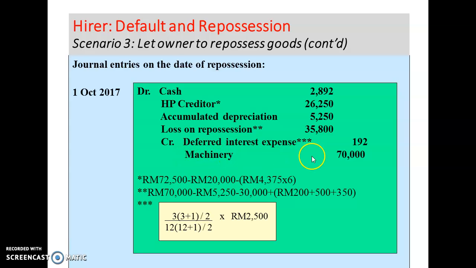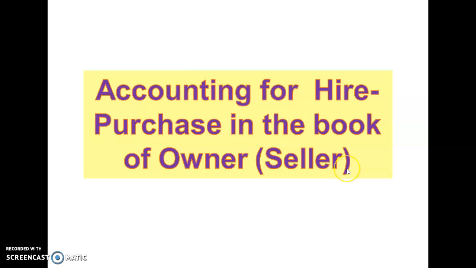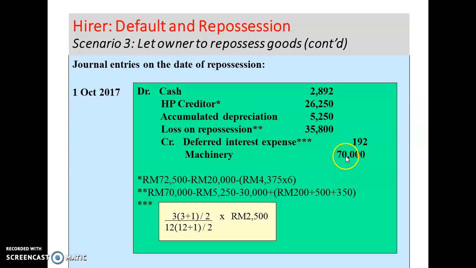Earlier you recorded it at 70,000. So now you want to close it, you credit this account. So credit machinery 70,000 and debit accumulated depreciation associated with the asset, which is 5,250. So this basically will give you the carrying amount, isn't it? 70,000 minus 5,250.